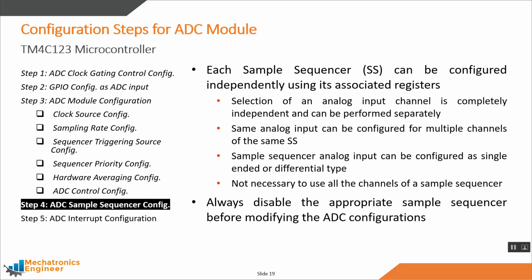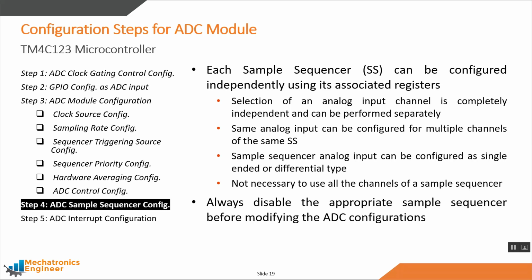When using a sequencer, it is not necessary to use all of its channels. Rather, any arbitrary channel of the sequencer can be configured for end of sequence. For instance, any of the channels from 0 to 7 can be configured as end of sequence for sequencer 0.